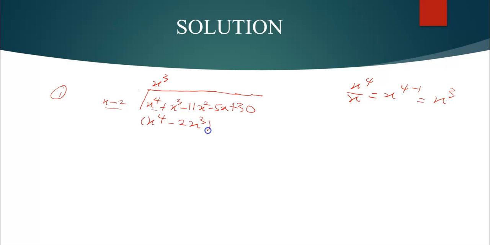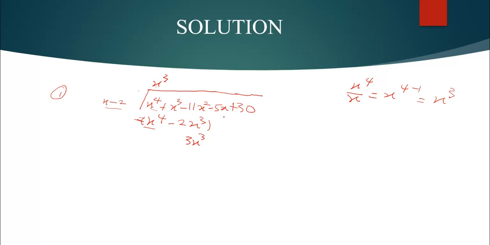Then you subtract this from this. So this and this will give us 0. We are going to have x exponent 3 minus minus 2x exponent 3, which will give us 3x exponent 3.